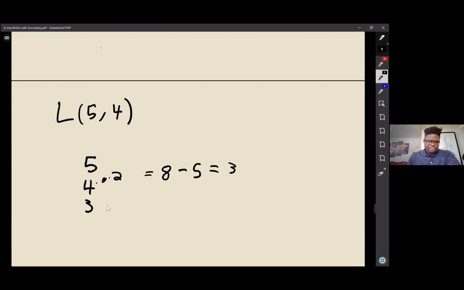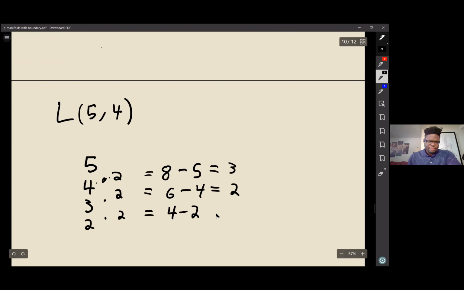And now I do the process over again. I need to multiply 3 by 2 to get something more than 4. I get 6, minus 4 is equal to 2. I get 2, need to multiply by 2 to get something bigger than 3.